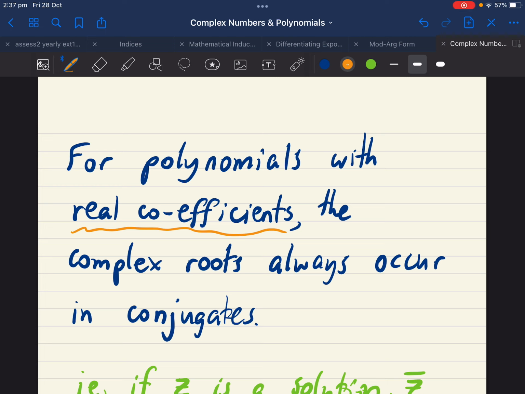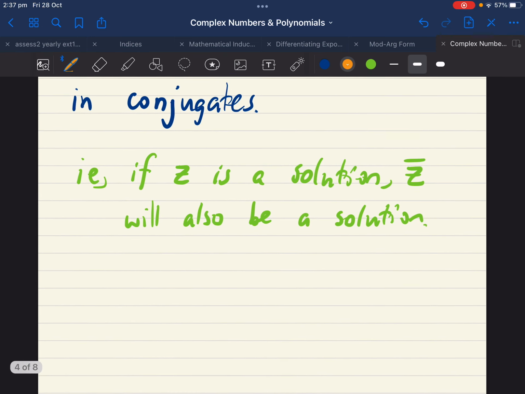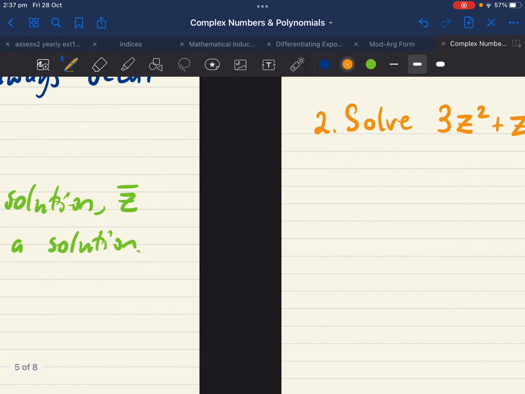This rule doesn't apply to them. So this idea of complex roots always occurring in conjugates is only applicable if they're real coefficients. And there it is stated a bit more simply.